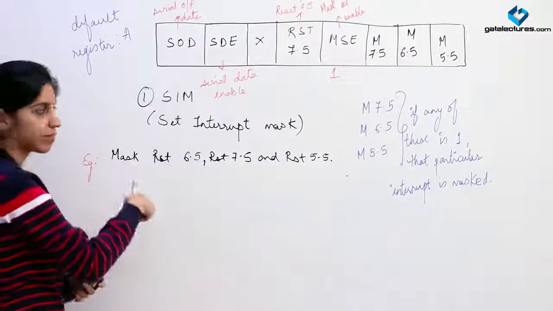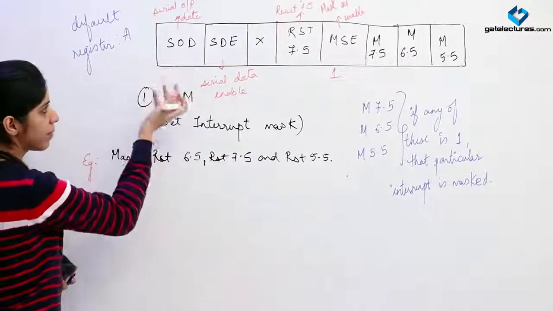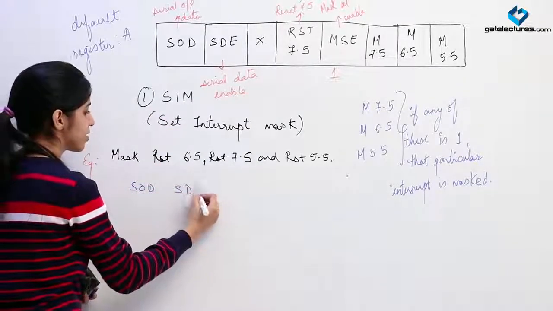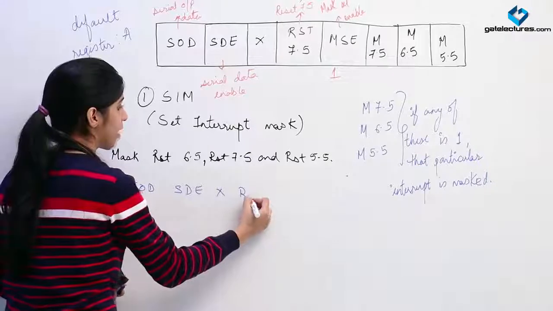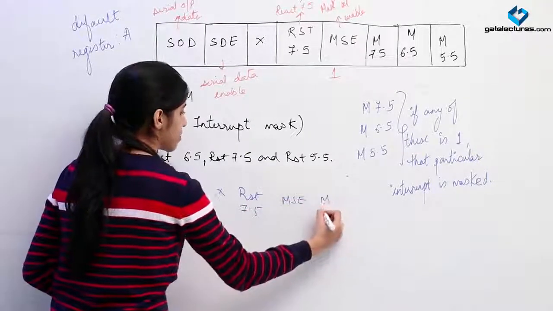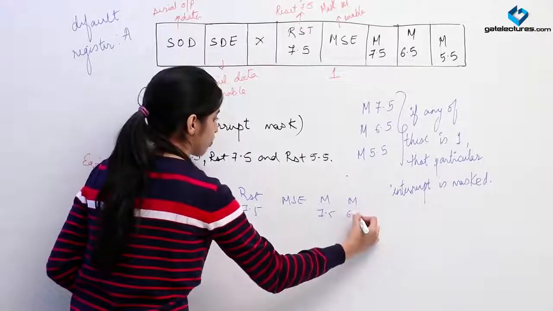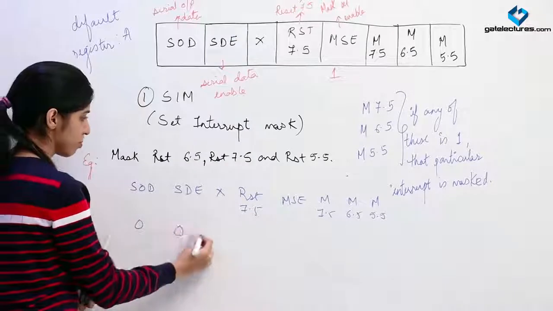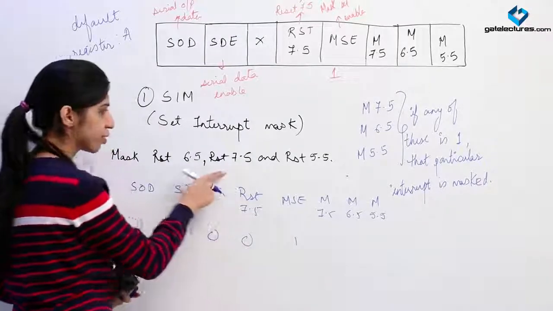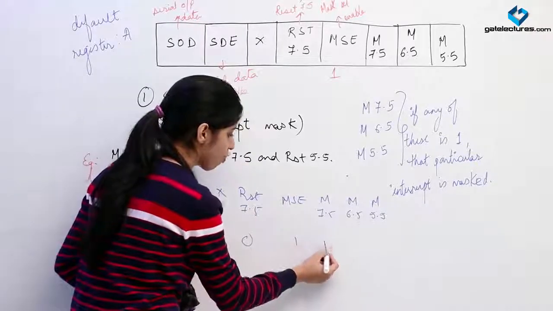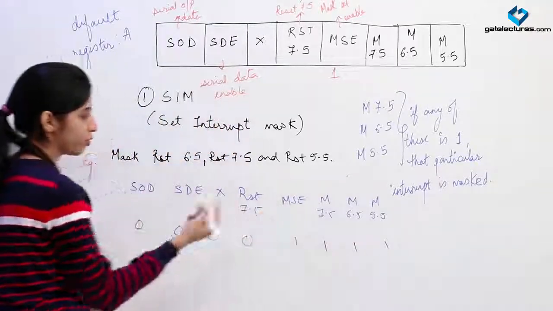Again I am going to make this table, make the status of this accumulator quickly. SOD, SDE, don't care, RST 7.5, MSE, M7.5, M6.5, M5.5. So this is going to be 0, 0, 0, 0. MSE is going to be 1 since I need to mask some interrupts. I have to mask all of them, so these all are going to be 1.